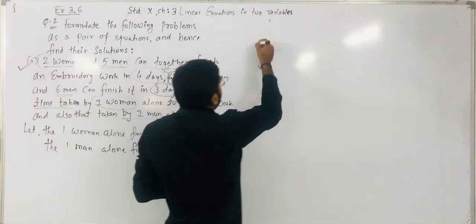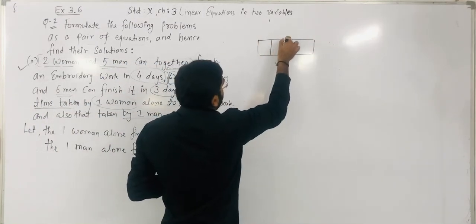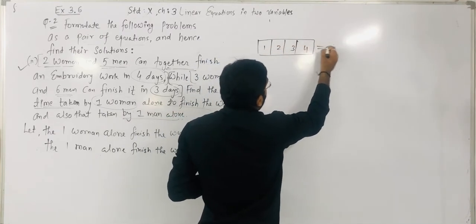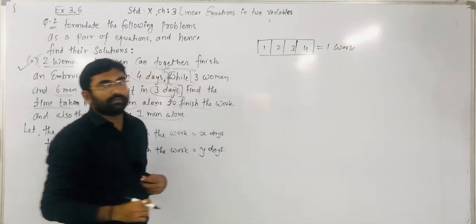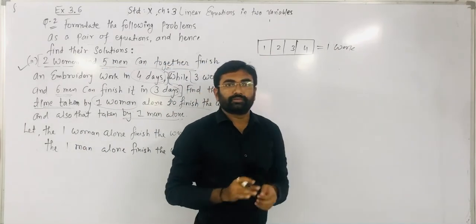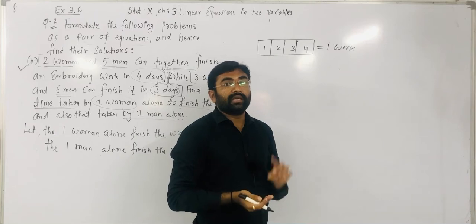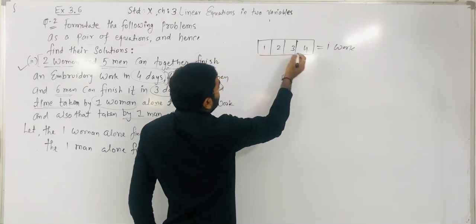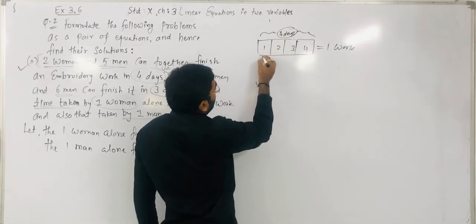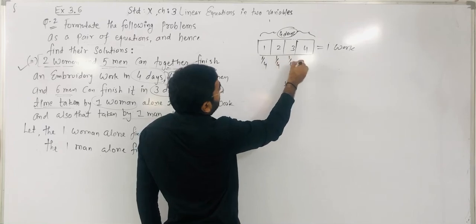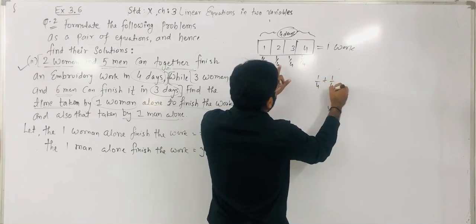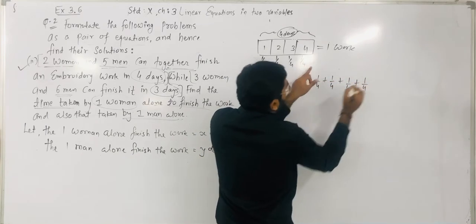Suppose one work takes 4 days to complete. Then each day's work is 1/4. So 1/4 plus 1/4 plus 1/4 plus 1/4 on the fourth day.